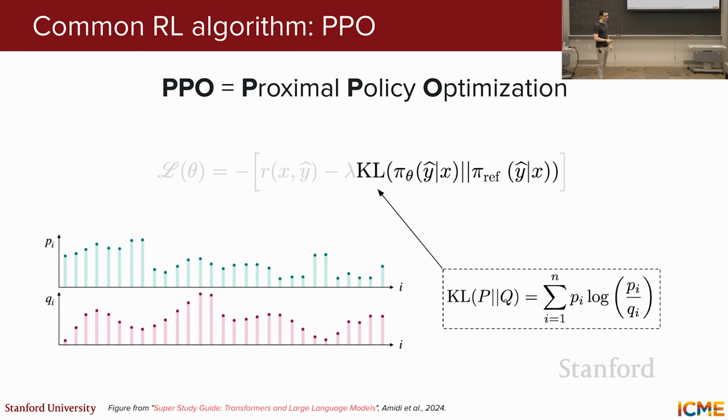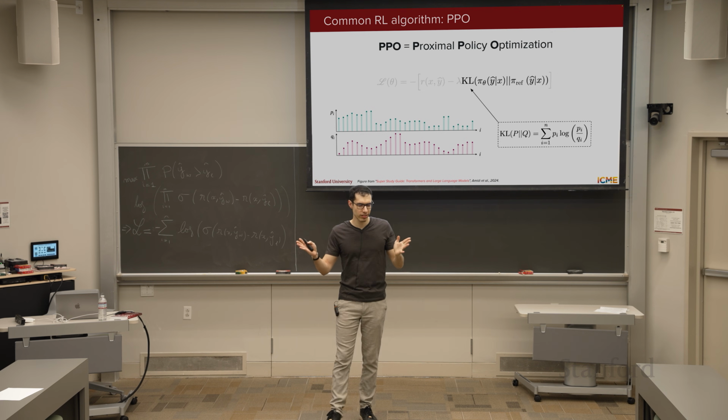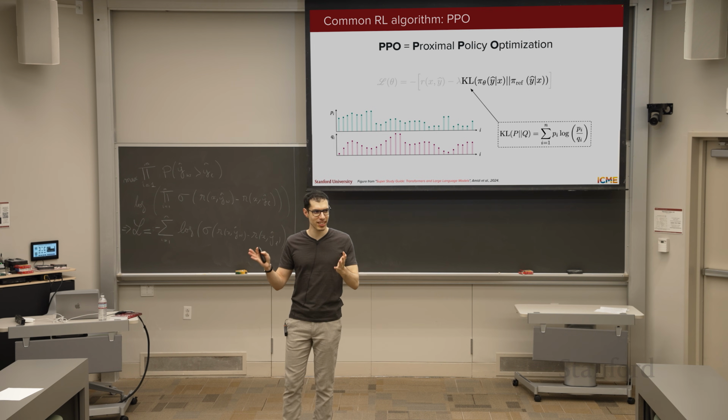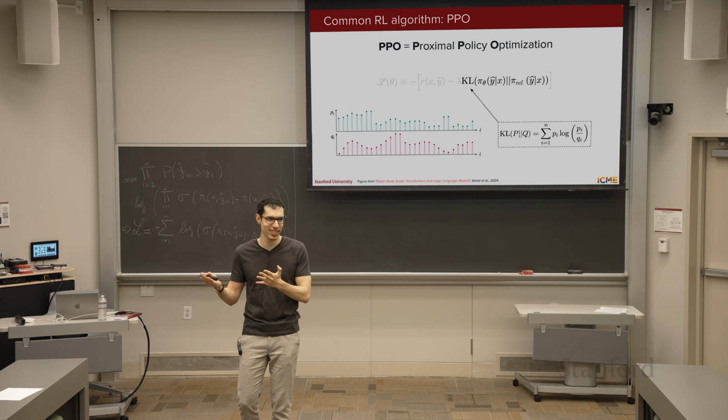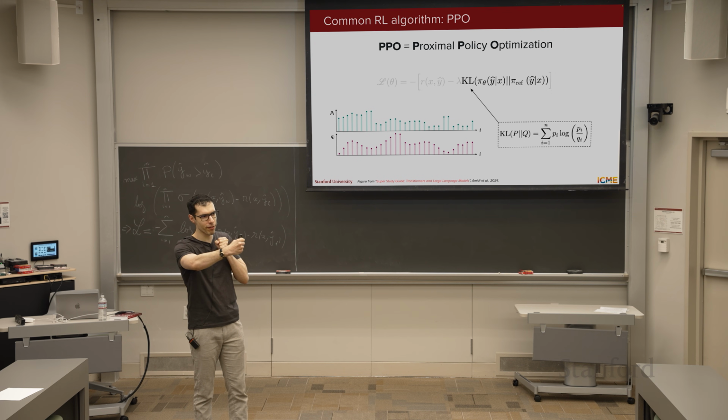Cool. OK, KL divergence. I'm just talking about KL divergence, but I don't want to just assume you know what that is. The KL divergence is some measure. I don't want to say distance, because distance has a lot of connotations to it. It's not a distance, but it's some measure of how far two probability distributions are.